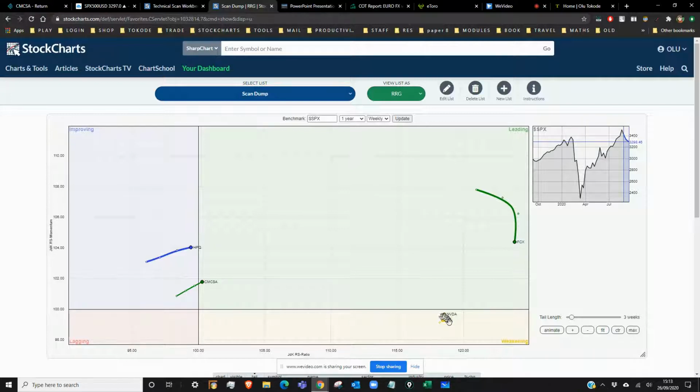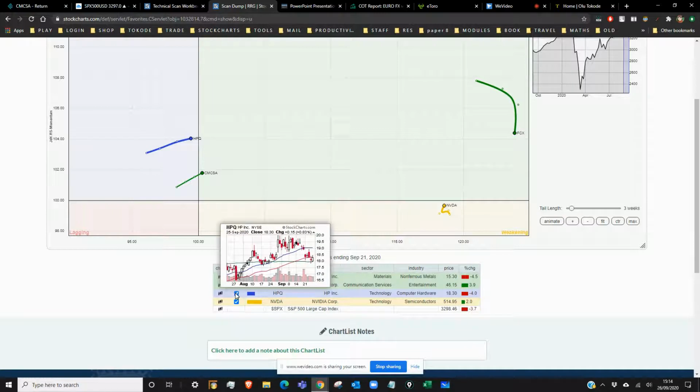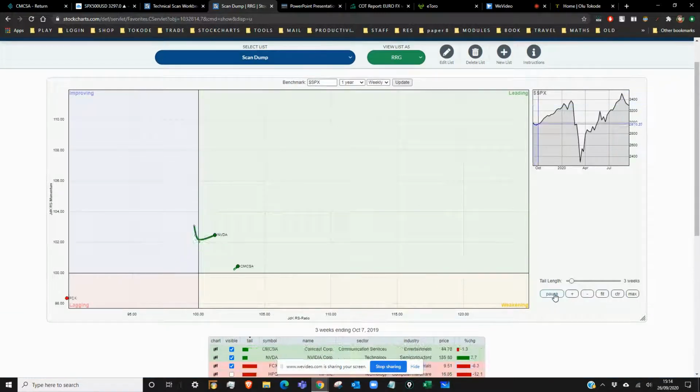Nvidia has lost momentum. It has fallen into the weakening quadrant, but it looks like it's about to recover. HP is lagging or improving. Yeah, improving. I'm not interested in HP. Comcast has crossed from the improving quadrant into the leading quadrant. Let me see what these ones look like.